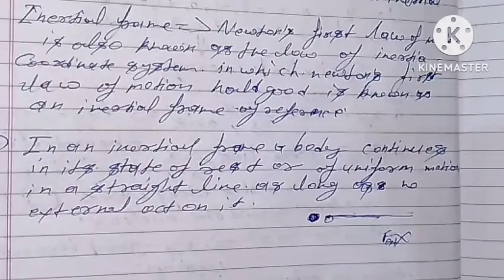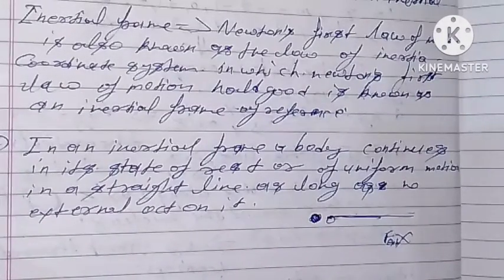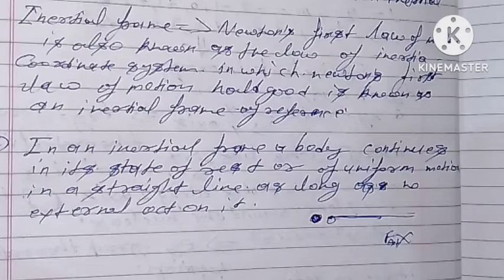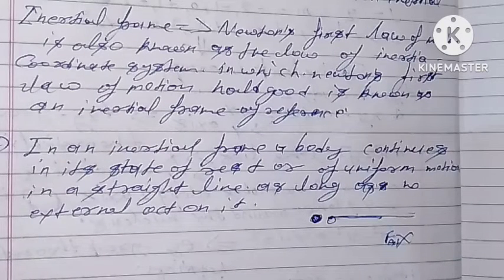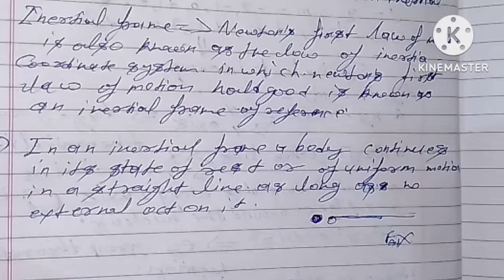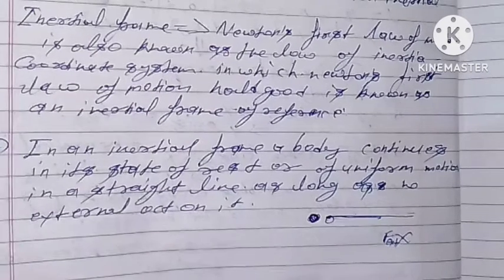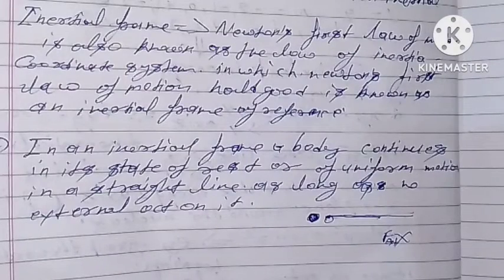All Newton's laws of motion hold good in an inertial frame. All frames of reference moving with a constant velocity with respect to an inertial frame are also inertial frames of reference.